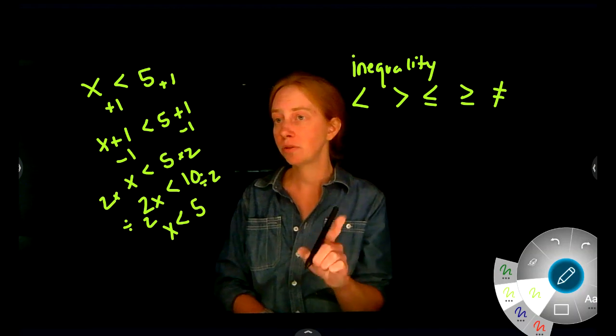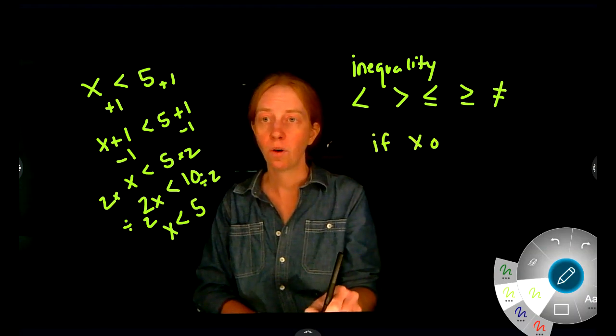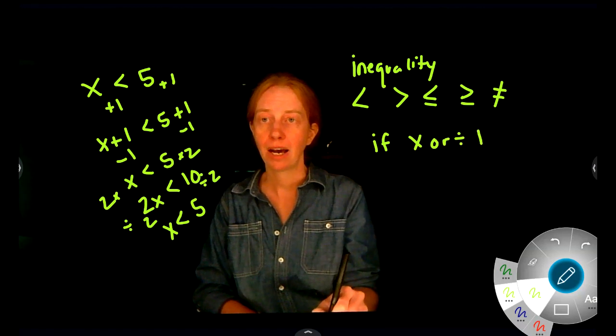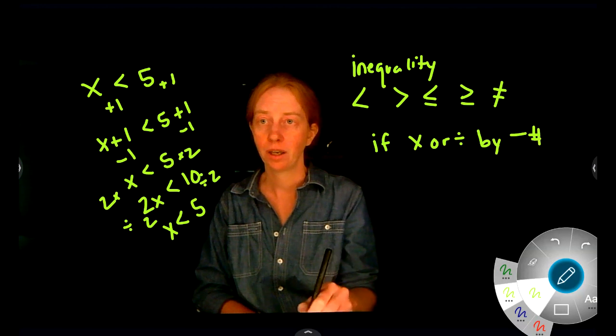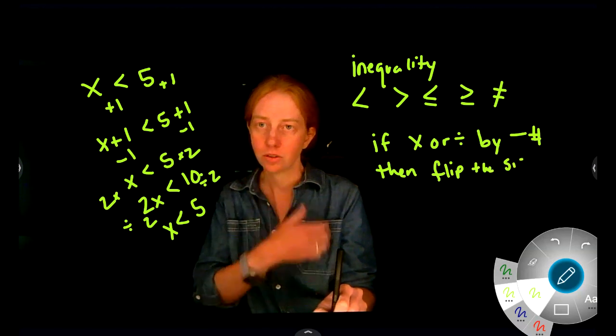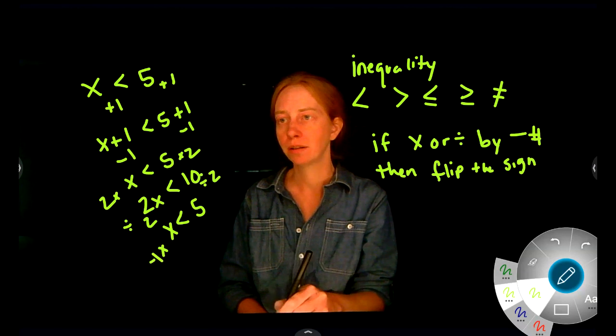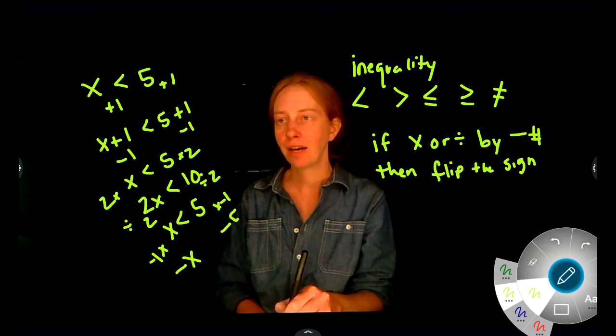Now, what I do need to remember, though, is if you multiply or divide by a negative number, then you need to flip the sign. And so what I mean by that is if I were to multiply by -1, now I have negative x and -5.